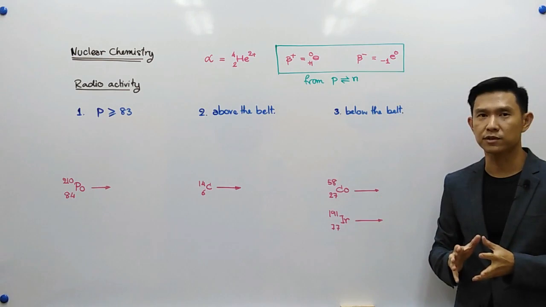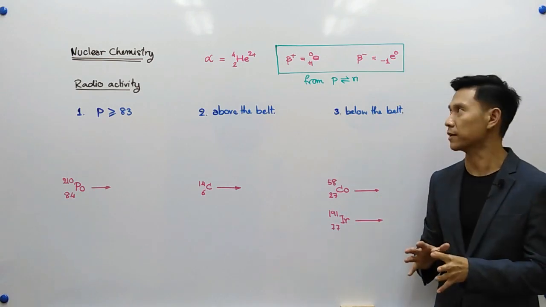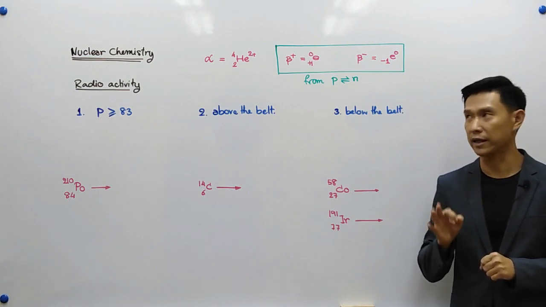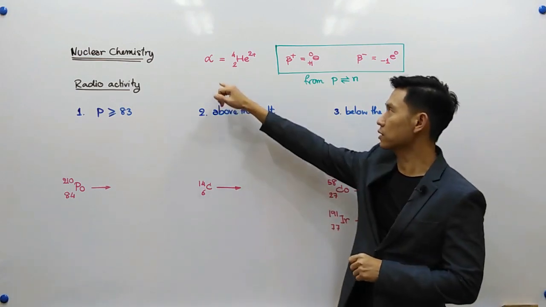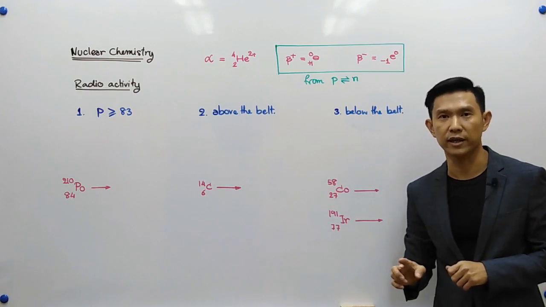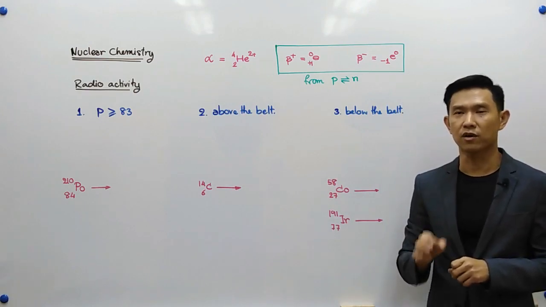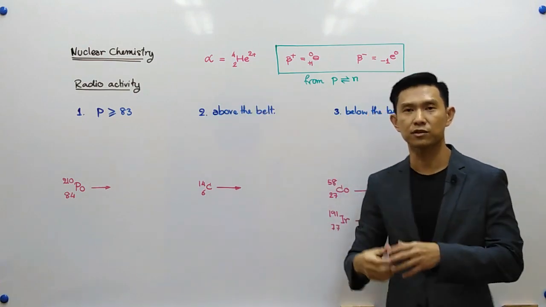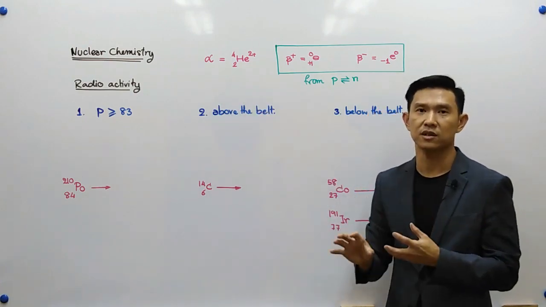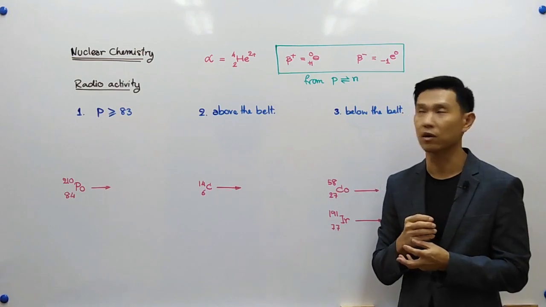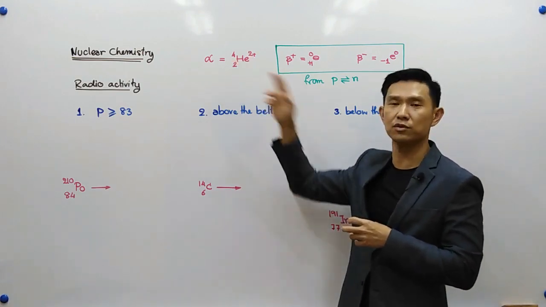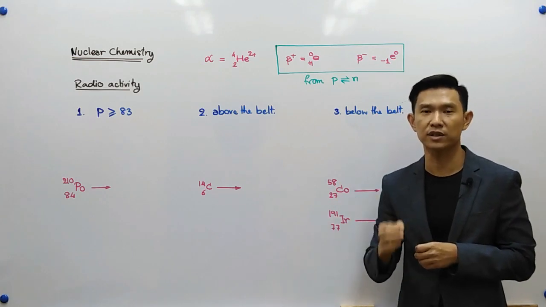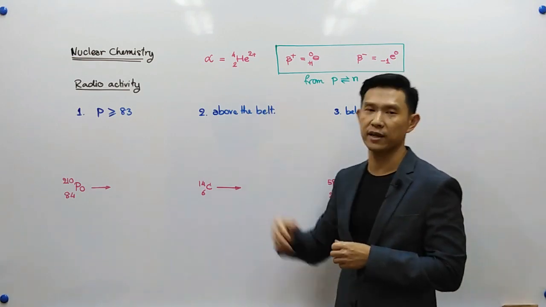So for the mechanisms to put everything back on the belt, there are three kinds of radioactive radiation. The first one is called alpha radiation. Alpha radiation, or alpha particle, is actually the nucleus of helium. That means your nucleus releases the nucleus of helium, or releases two protons and two neutrons all together at once. We call this kind of radiation alpha radiation.